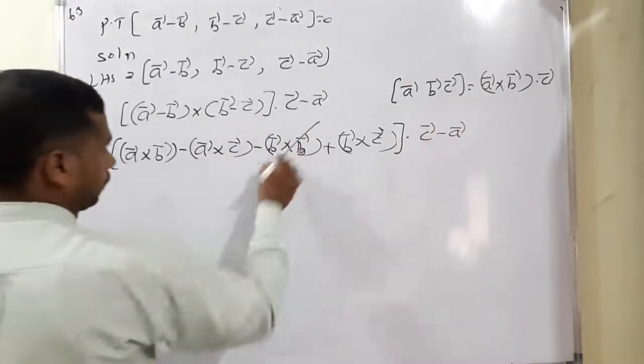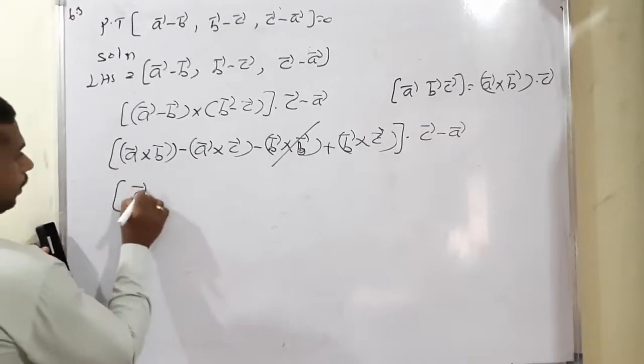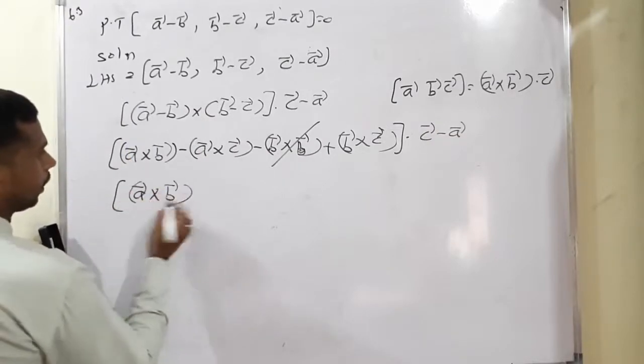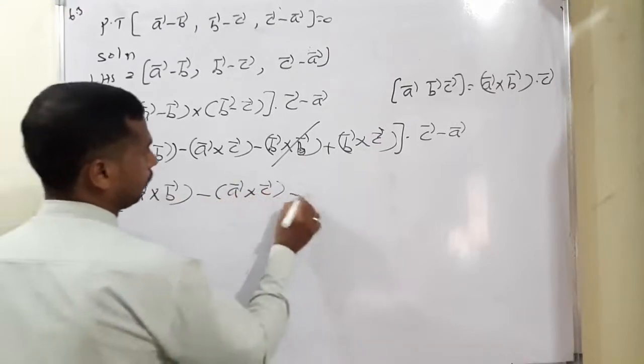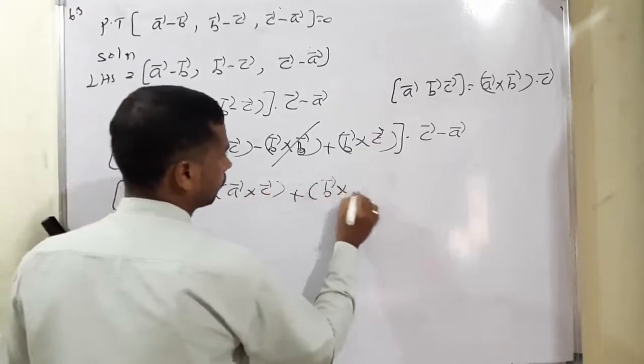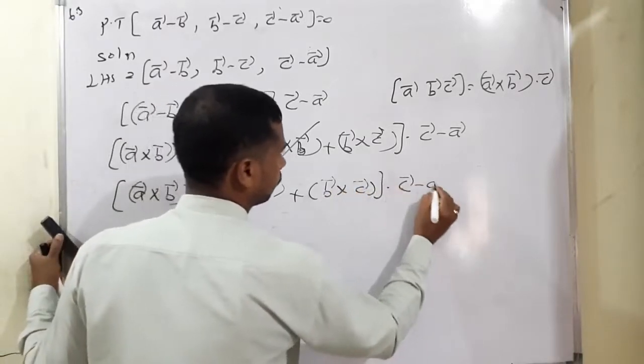This we can cancel. Next, remaining: a vector cross b vector, minus a vector cross c vector, plus b vector cross c vector, dot (c vector minus a vector).